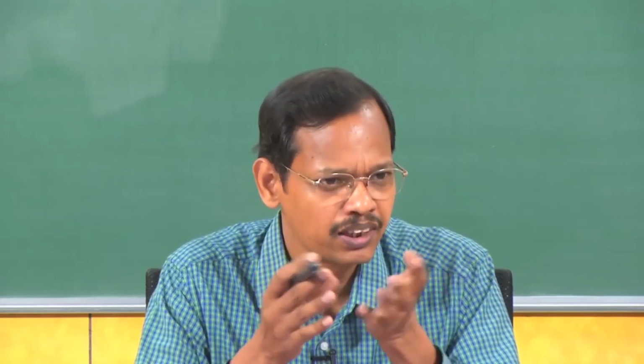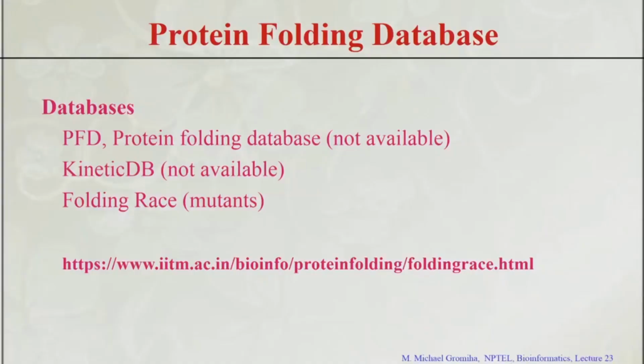Now, once we have the data, for doing the bioinformatics analysis we require a sufficient number of reliable data. So, it is very important to construct databases. On these aspects, first they started to develop a few databases. One is called the protein folding database. Another one, developed after a few years, is kinetic DB, but unfortunately both databases are not available at the moment.